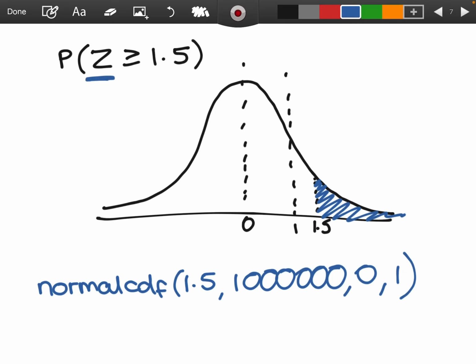And then my mean is still 0, standard deviation of 1. I know I'm looking at standard normal distribution, so I'm not looking at any other mean or standard deviation. If you do that, you should find that you get 0.0668. Okay. So all of these are just probabilities.